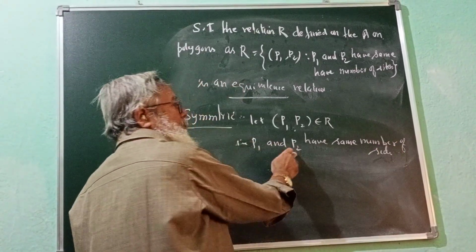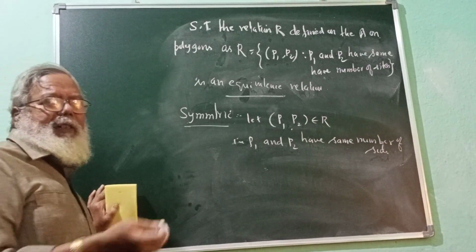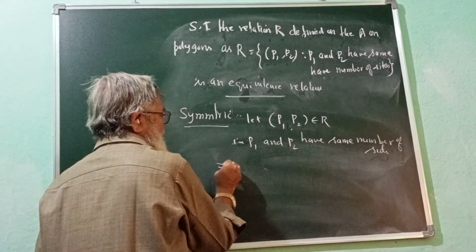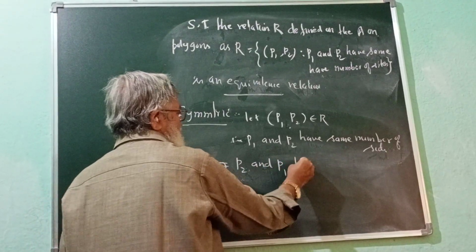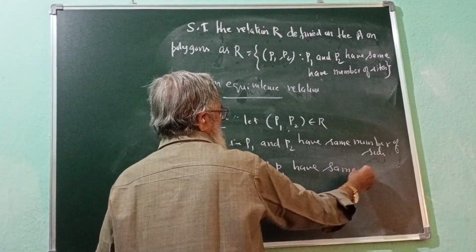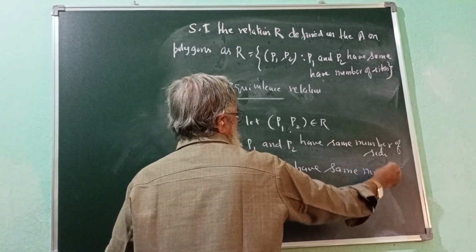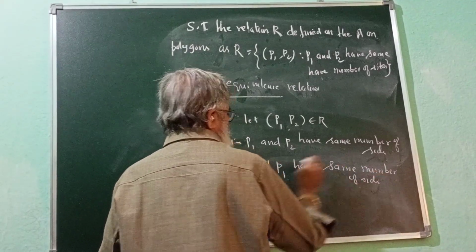Now when P1 and P2 have same number of sides, we can say P2 and P1 also have same number of sides. Therefore we can write P2 and P1 have same number of sides. What is the meaning of that?